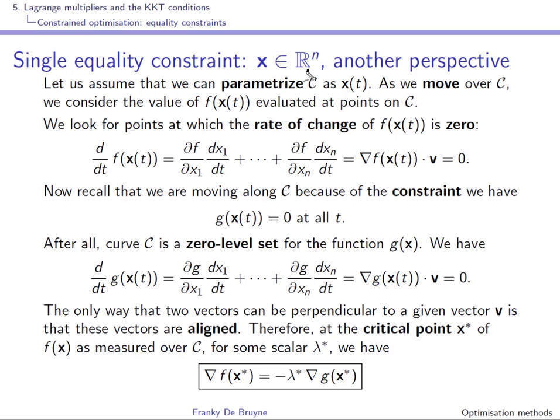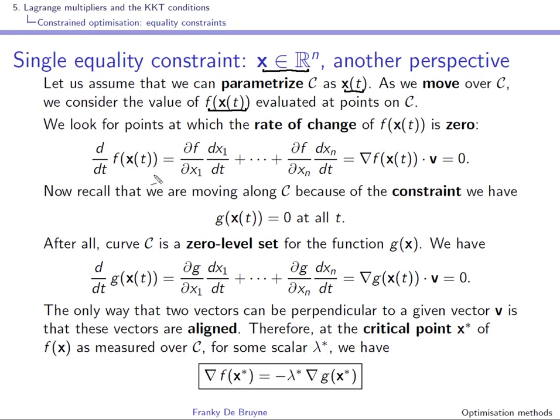By the way, this will work for x in Rn. We have parameterized C as a vector that is changing with time, and as we move over C, we evaluate the function f of x of t. Where we have the minimum is a point where the rate of change of f of x of t, where x of t is moving on C, is 0.